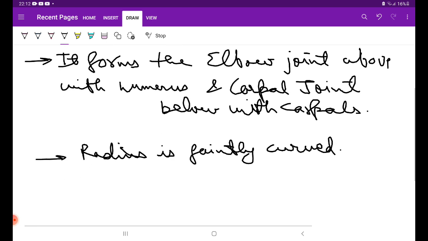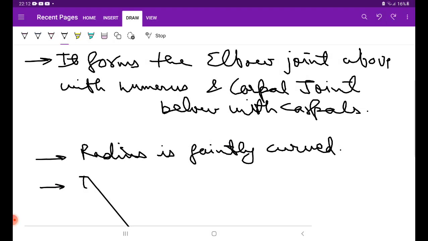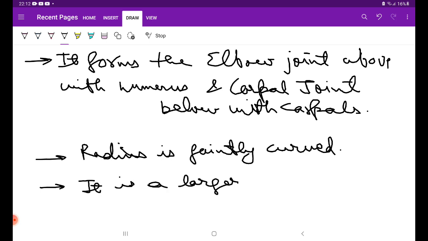Now for description, it is a larger bone and vertical in position.